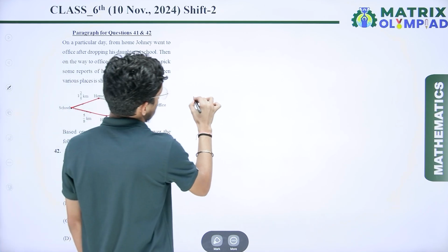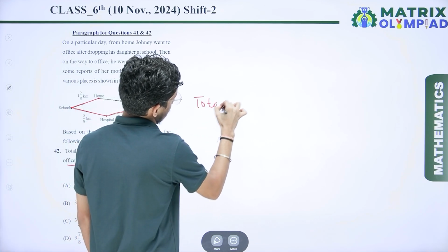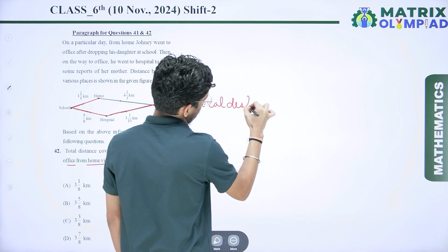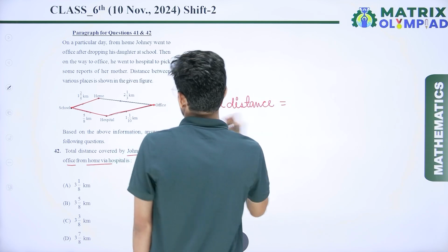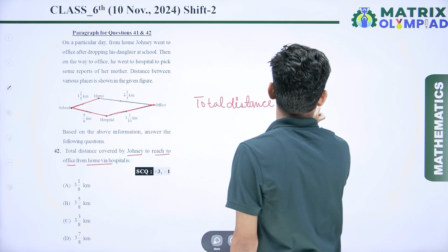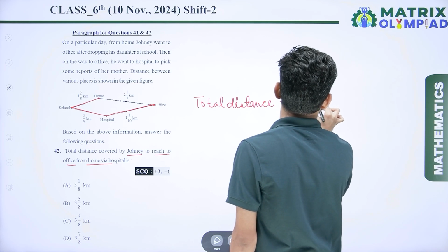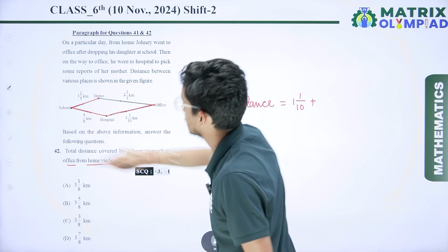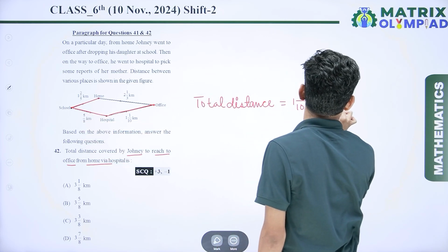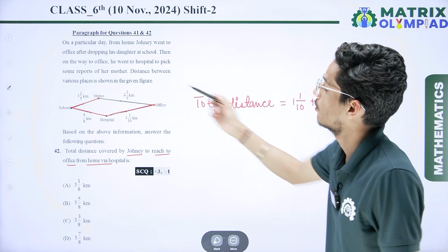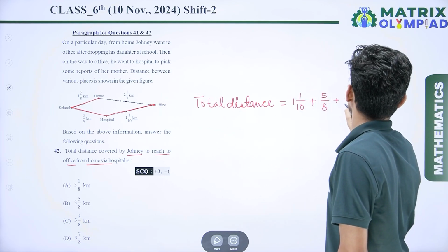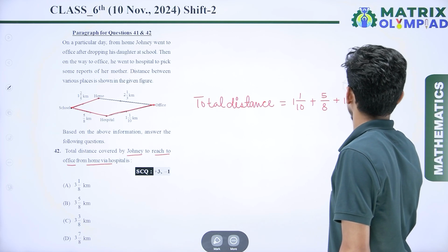So I can say total distance again, that is office to hospital, that is 1 and 1 by 10, plus hospital to school, that is 5 by 8, plus school to home, that is 1 and 2 by 5.